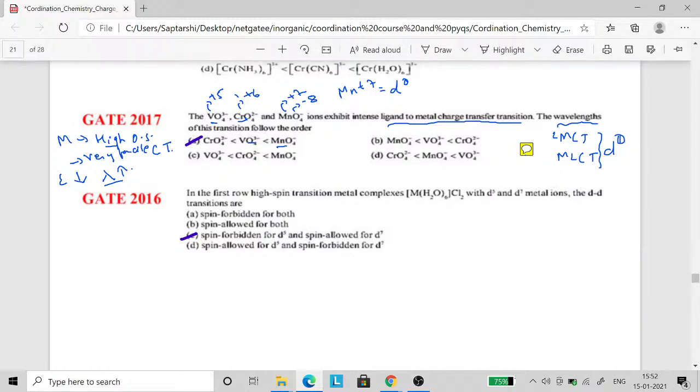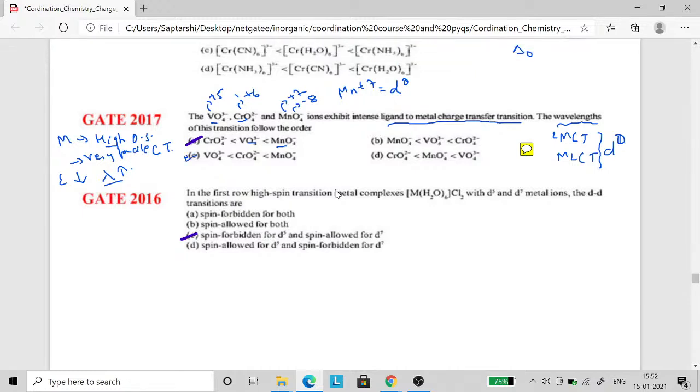Lowest energy and highest wavelength. So there's a small mistake in this. The right answer is actually C, not A, because Cr has +6 and V has +5. So the higher the oxidation state, the easier it is, the lower the energy, and the higher the wavelength.